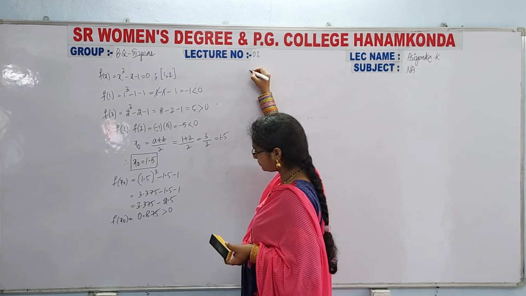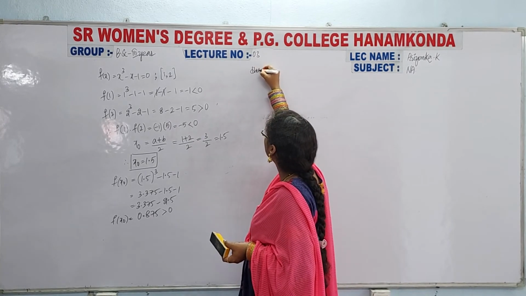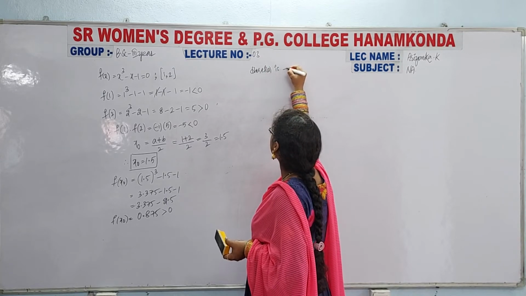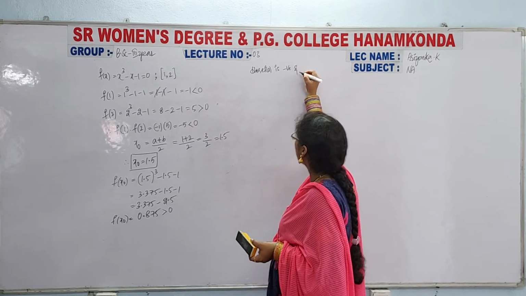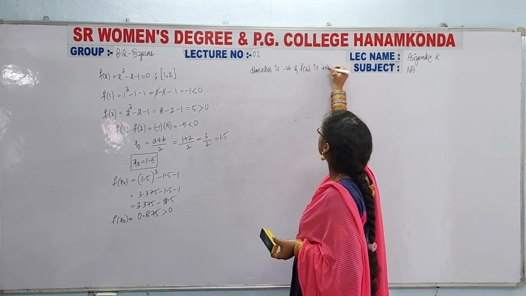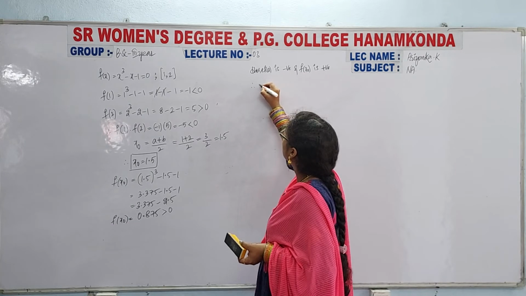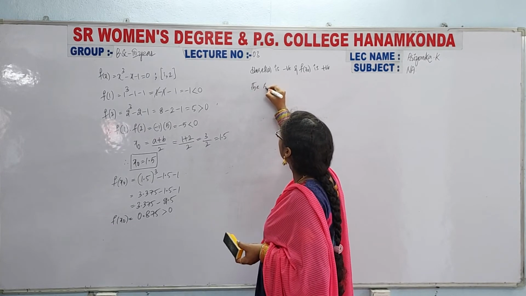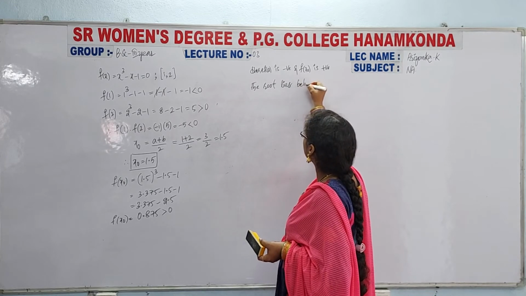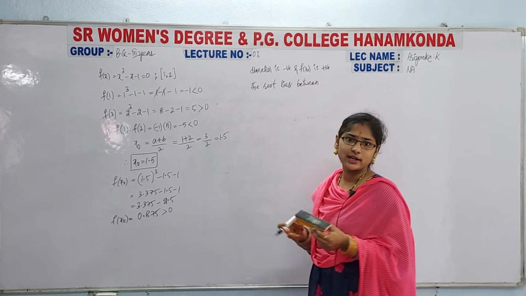Now otherwise, I will say it in a simple way. Here f of a is negative and f of x naught is positive. So therefore the root lies between one positive value and one negative value.